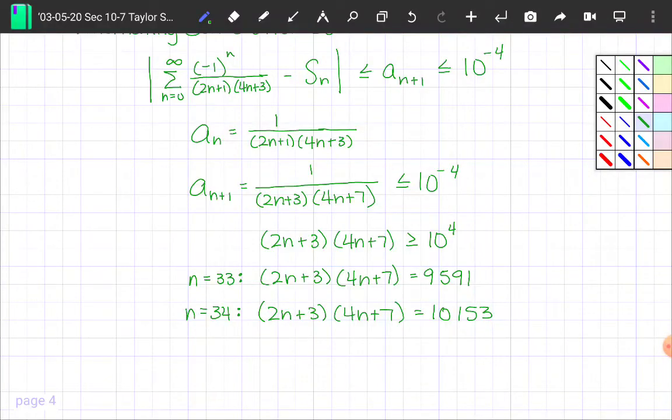And that's it. That gets me just over the 10 to the fourth. So that means that the 34th partial sum will approximate the value of the integral. That's the smallest partial sum that will approximate the definite integral.